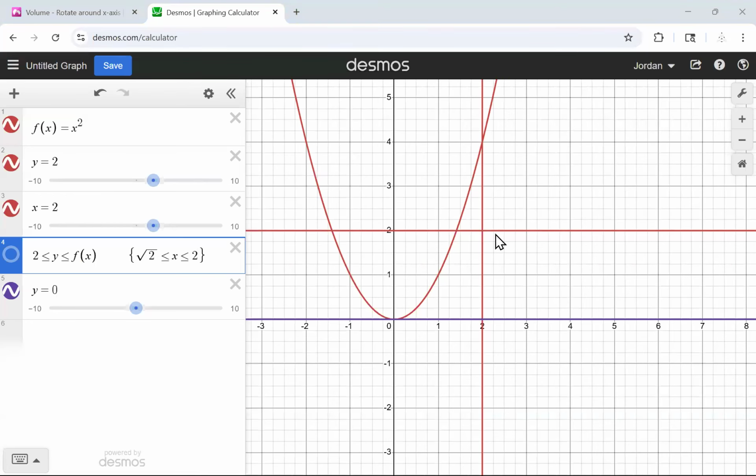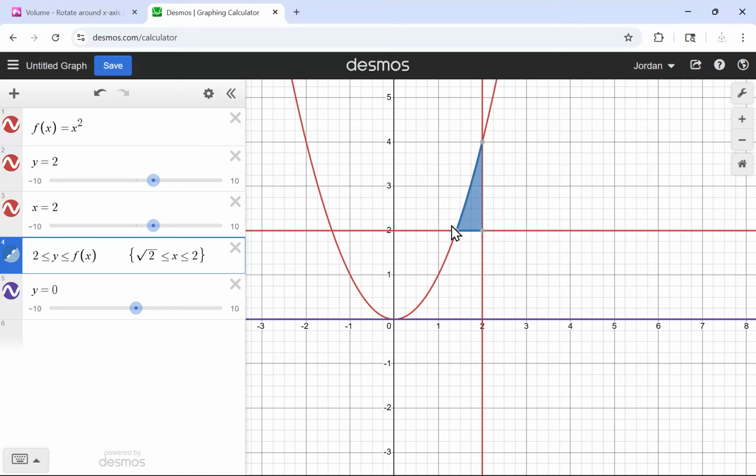So we're starting with the region bounded by y equals x squared that I have in red. Y equals 2, I have that horizontal line there. And then x equals 2, I have that vertical line there. Now the region with those 3 curves as its perimeter is this little triangular piece here.